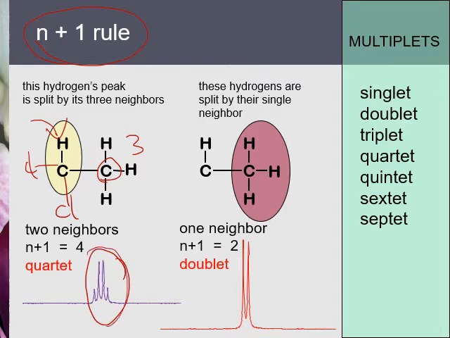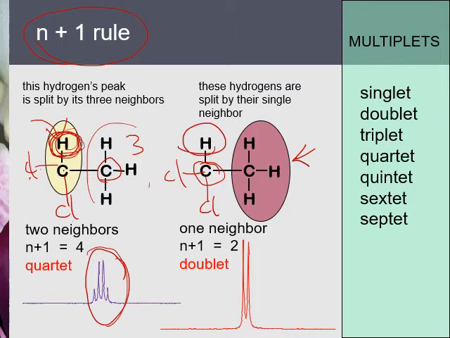And this quartet is for the hydrogen that connects to the carbon with 2 chlorines. If we want to see the pattern of these 3 hydrogens, we look at the neighboring carbon and how many hydrogens it has. Because we only see 1 hydrogen, according to N+1, 1 plus 1 is 2, and therefore these 3 hydrogens give you a doublet.